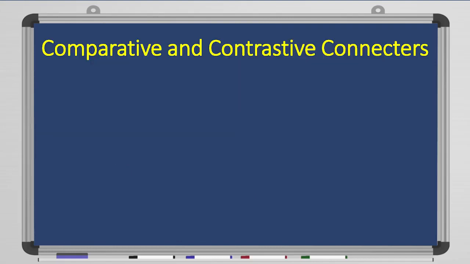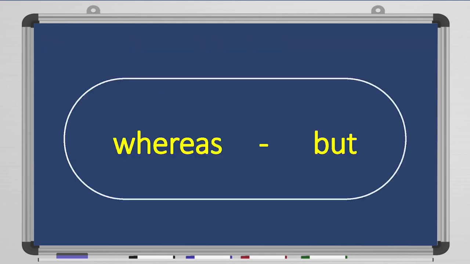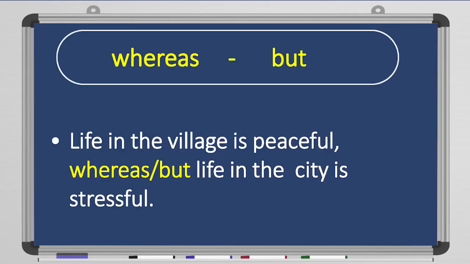Now, some examples of comparative and contrastive connectors are here on the screen for you. We're going to take them one by one. Let's start with whereas and but. When we use whereas and but, usually we give one thing, and then we show how it's different. For example, life in the village is peaceful, so I'm showing it's peaceful, whereas I'm going to give something completely different.